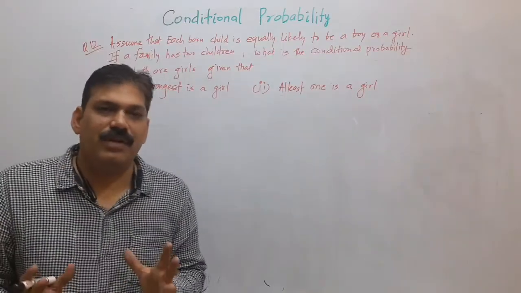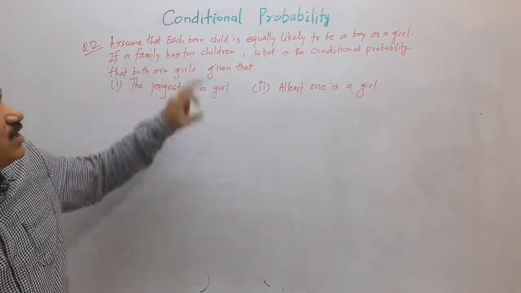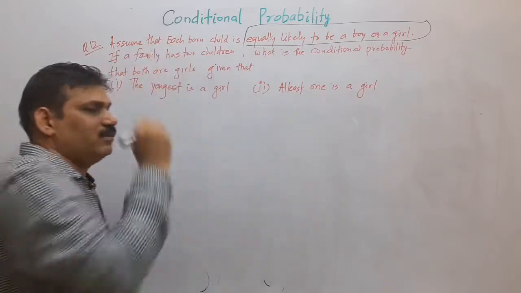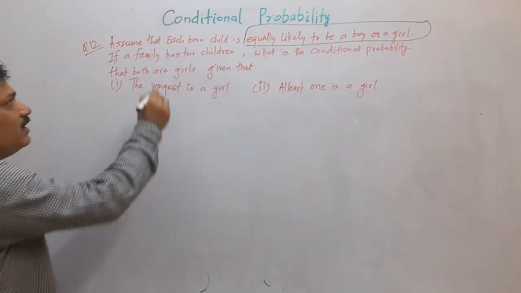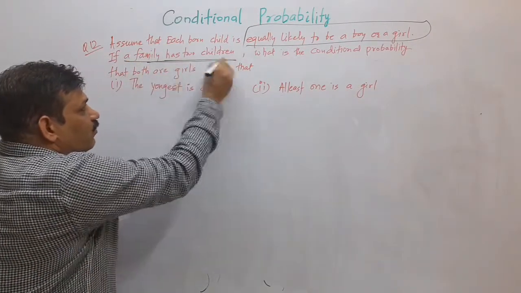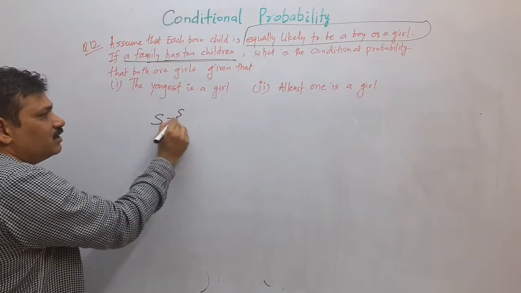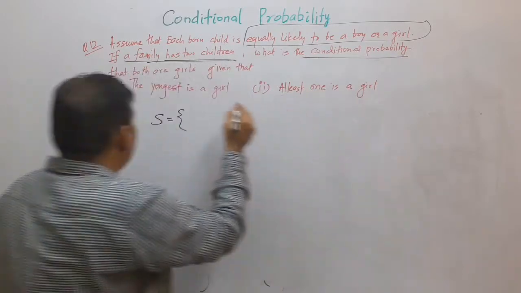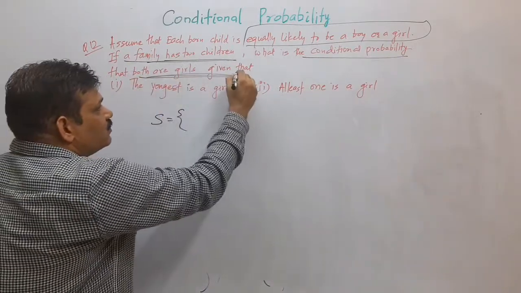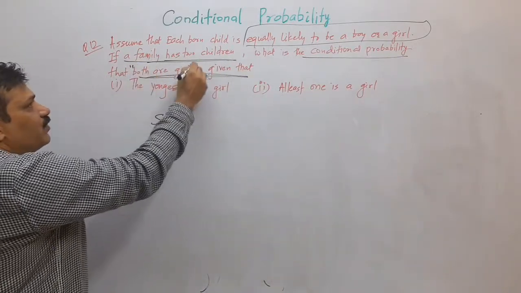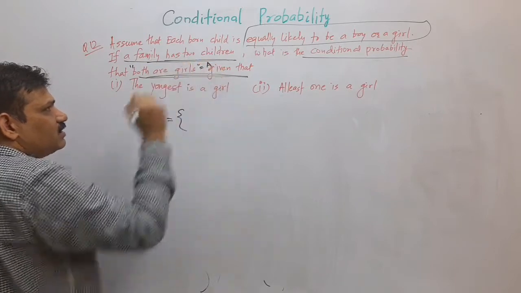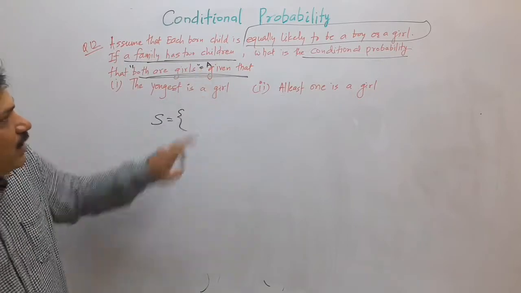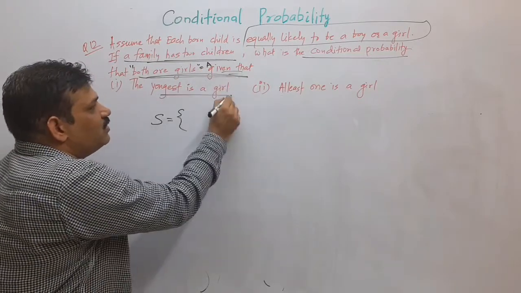In this question, we are given that we assume each born child is equally likely to be a boy or a girl. If a family has two children, what is the conditional probability that both are girls? Suppose we denote the event that both are girls as A. What is the conditional probability of A given that the youngest is a girl?